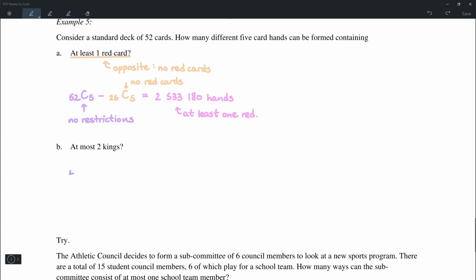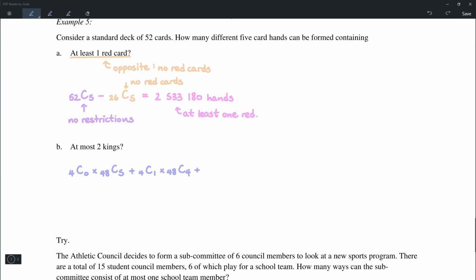So starting with no kings. There are 4 kings in the deck of cards. We're going to choose 0 of them. That means the 5-card hand is going to have 48 non-king cards, and we're going to choose 5 of those to fill out the hand. Next is going to be the case of 1 king, so 4 choose 1, and then 48 choose 4.